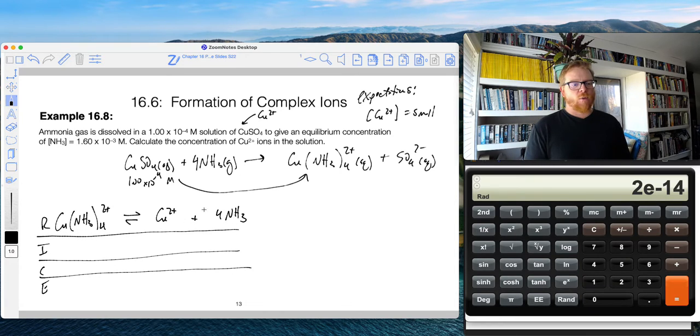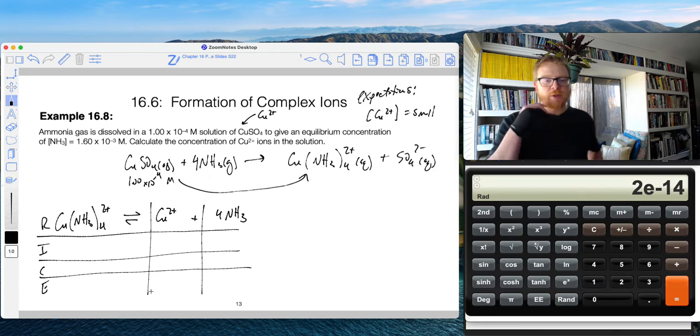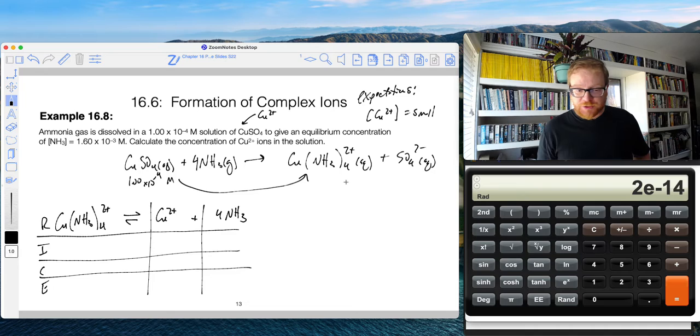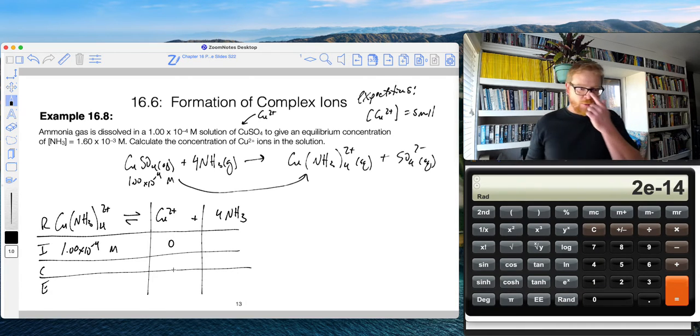And then when we start putting things in here, what we're going to assume in our initial state is that we have 1 times 10 to the minus 4 molar of this stuff, just from having the ammonia and copper 2 present. We're going to assume it all becomes that. We're also going to assume now that we have 0 copper because we need to figure out what its equilibrium concentration is. And they also told us that our equilibrium concentration of ammonia is 1.6 times 10 minus 3 molar. So we already know that, which is cool.